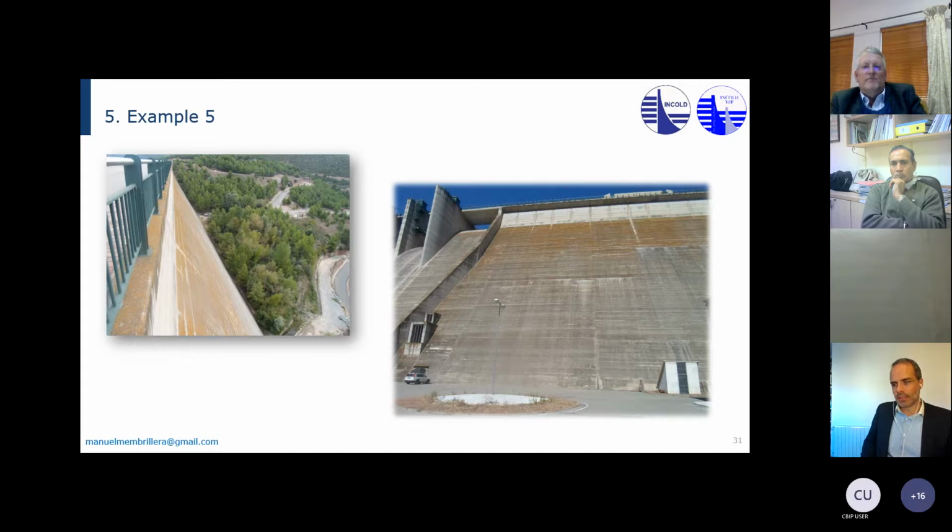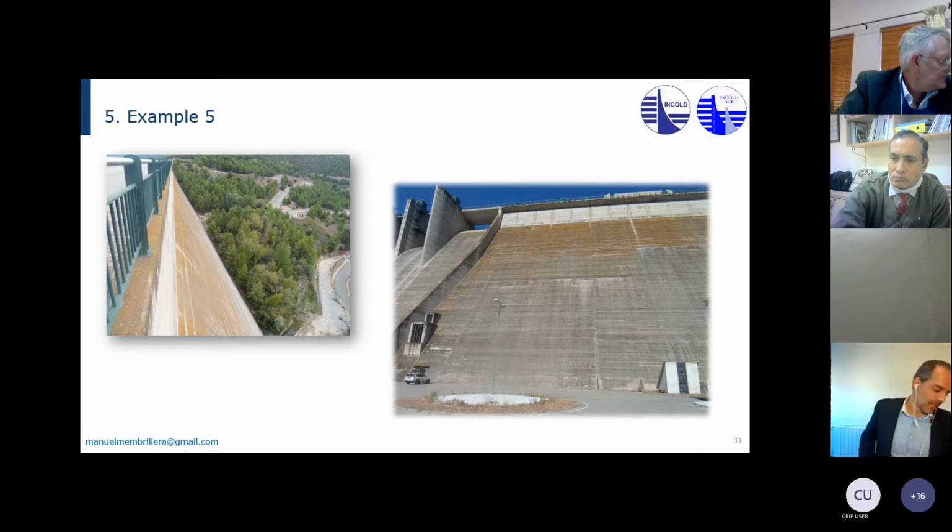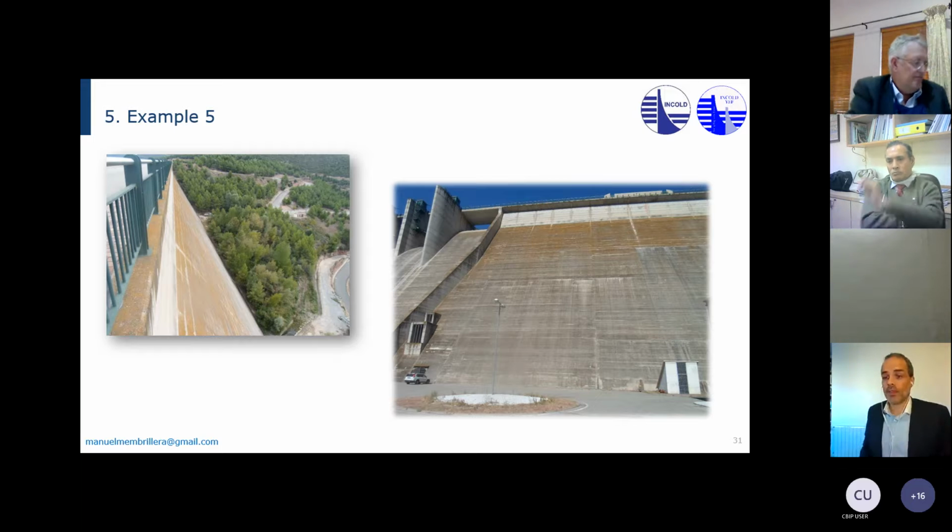I started having a relationship with this dam as well in 2008 during first filling. So in 2008, it was really the first filling of the dam, and I was lucky to be involved in following and doing the surveillance on the monitoring reports during first filling of the dam.